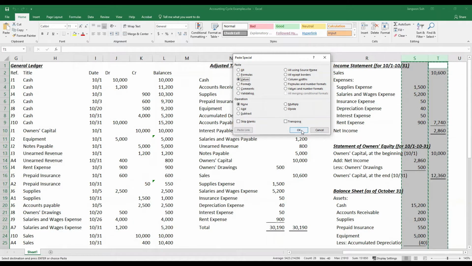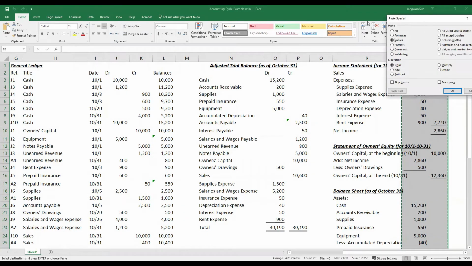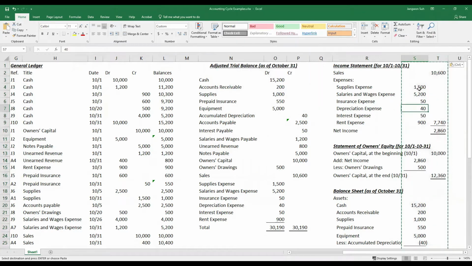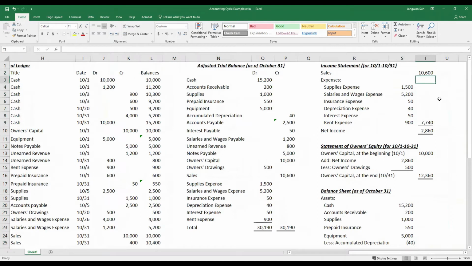Okay, done. You can see that previously these were formulas, but now you pasted values. So you don't have the formulas anymore. So even though we change the values here, the values here will not be changed.